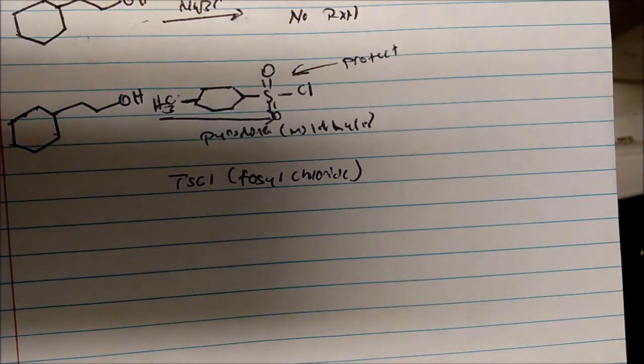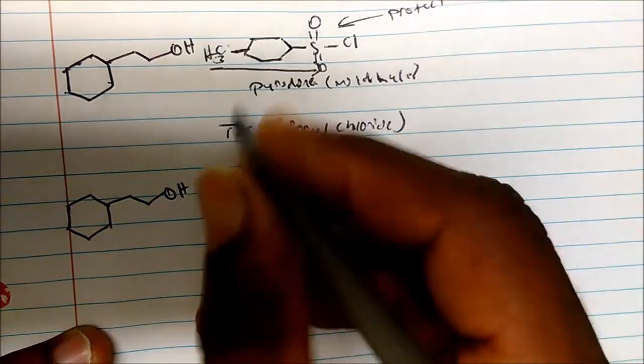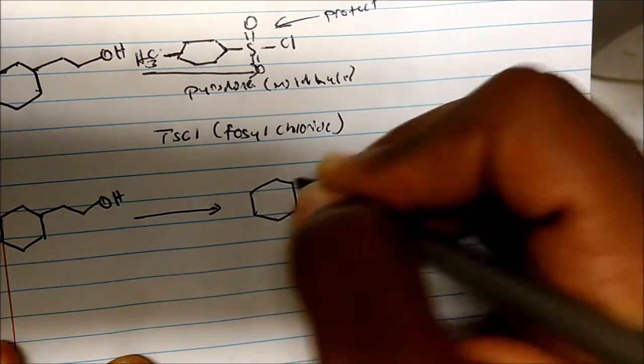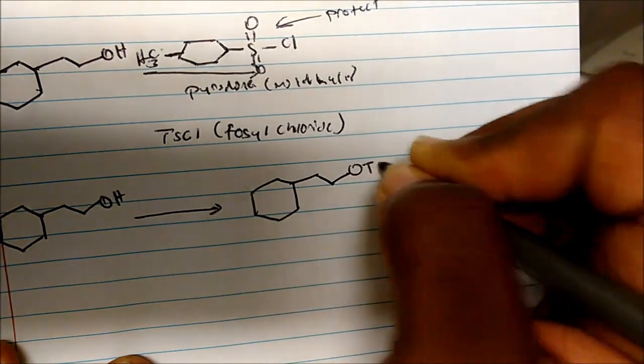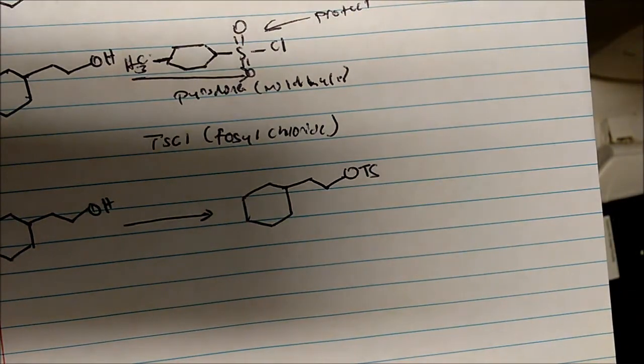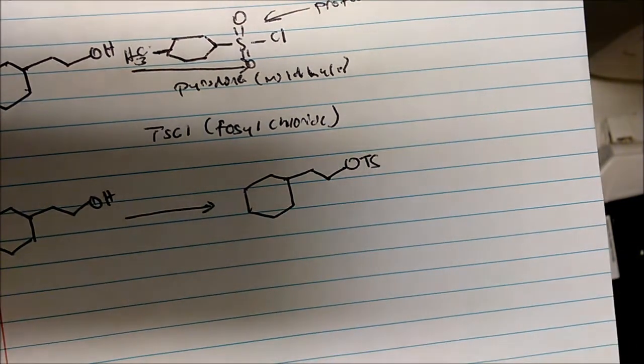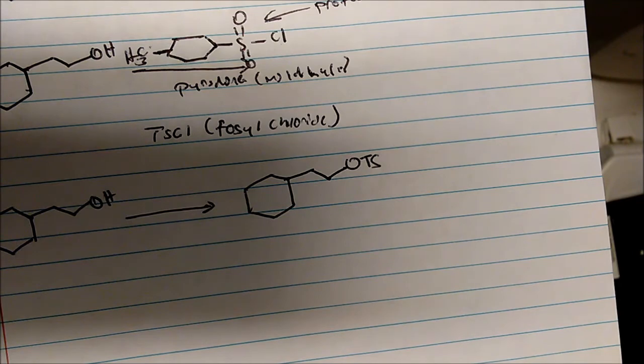So again, if I react this alcohol here with this protecting group, here's the product that I get. I get OTs, and that's just another way of saying my alcohol is protected. So this would be the product that I would get.